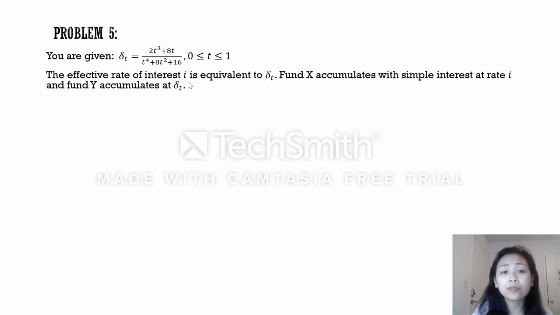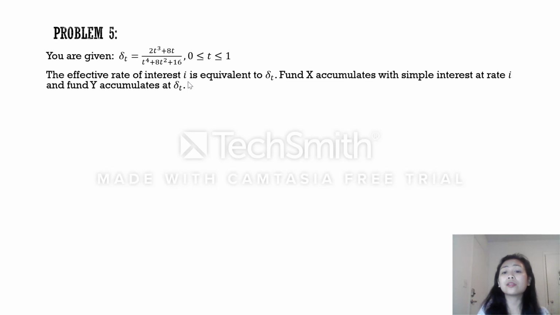The effective rate of interest I is equivalent to delta t. That means, remember in the first lesson, we made a connection between the effective interest rate and the force of interest. So here I is the effective rate that gives the same answer as the force of interest delta t.